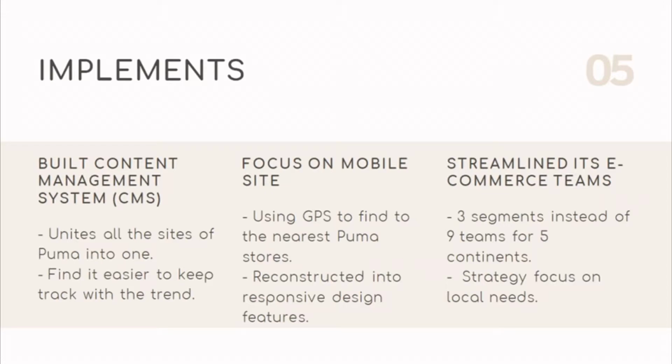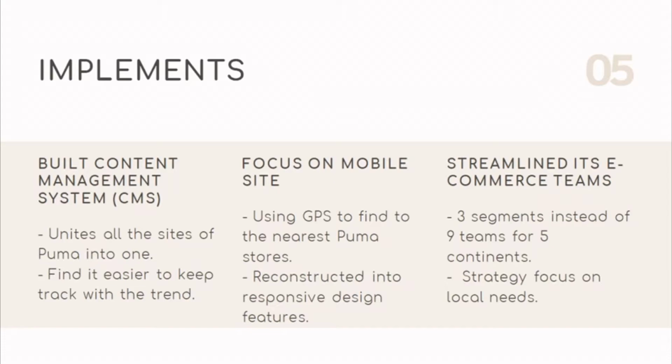Puma also focuses on the mobile side. There are two features: using GPS for customers to find the nearest Puma store. Furthermore, they reconstructed the website into a responsive design. Puma has also streamlined its e-commerce teams. In the past, there were 9 independent e-commerce teams which represented 5 continents.